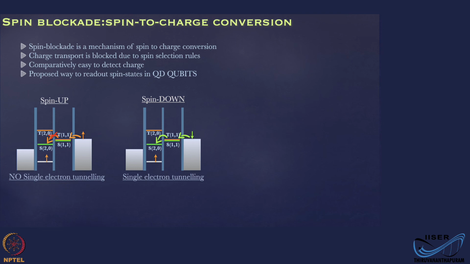But now this spin blockade is giving you a lever or handle to detect the spin state by observing the transport, because depending upon which way the spin is aligned, up or down relative to the fixed spin, the transport happens or gets blocked. So just by sensing the tunneling event of the electronic charge, you can tell what the spin state is. So it's a spin to charge conversion recipe.